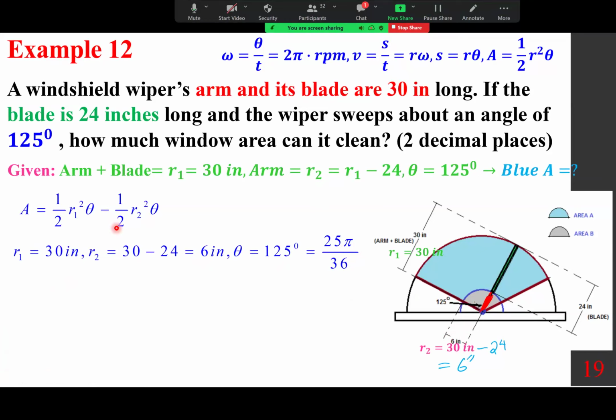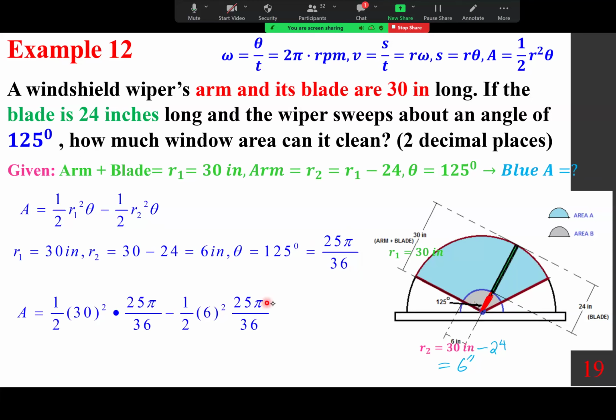So into this formula goes R1 is 30, R2 is 6, theta is this much, 25 pi over 36. And by the way, use exact answers in all of your intermediate steps. Do the rounding at the end.